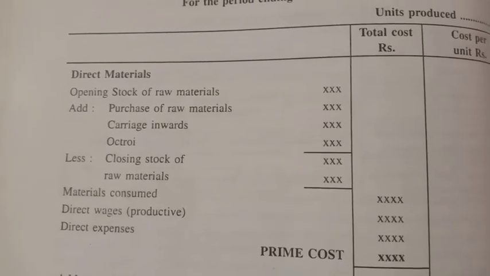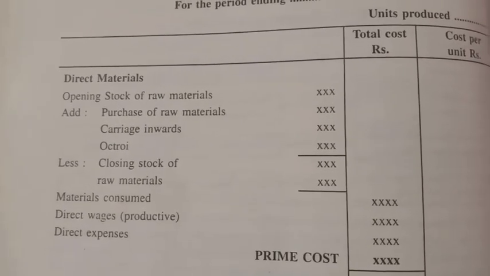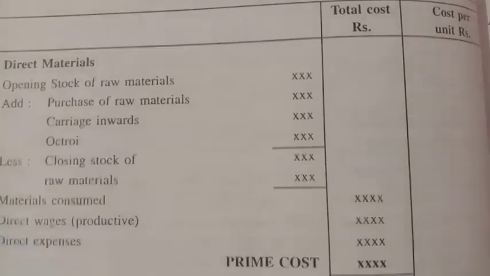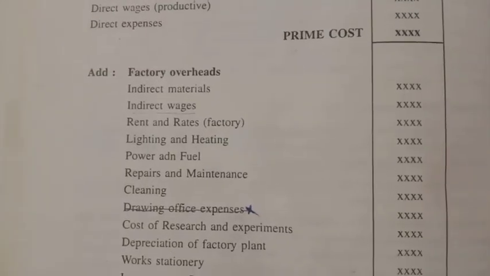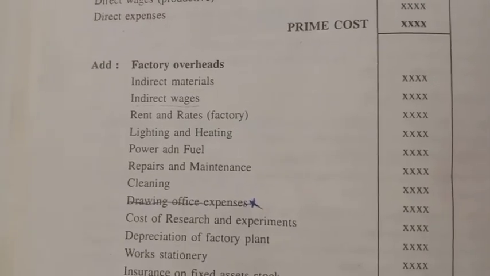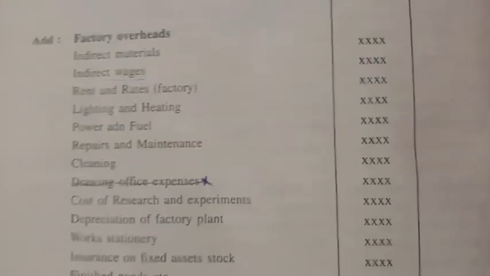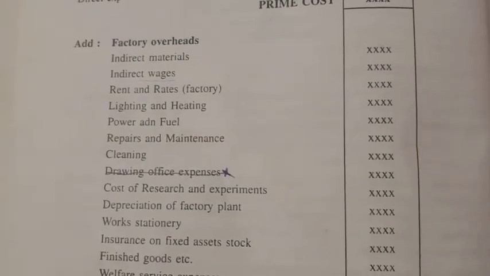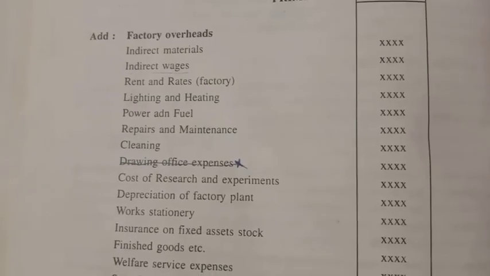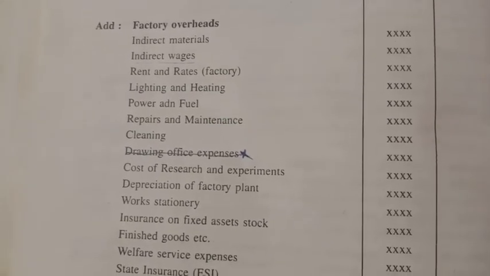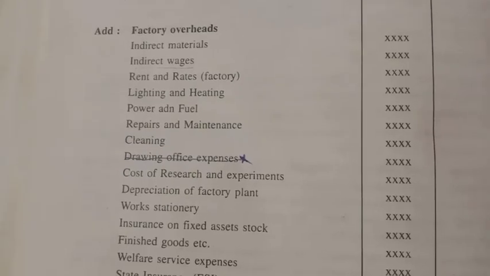Then direct wages and direct expenses are given directly. If you add all three items, you will get the prime cost. With the prime cost, you have to add factory overheads. Here they divide the expenses by department: factory separately, administrative office staff separately, and selling and distribution department separately.